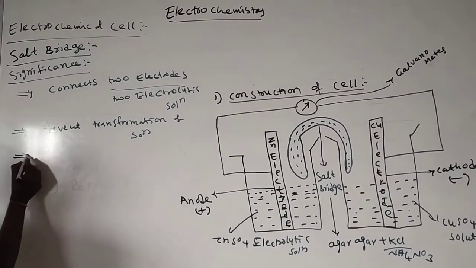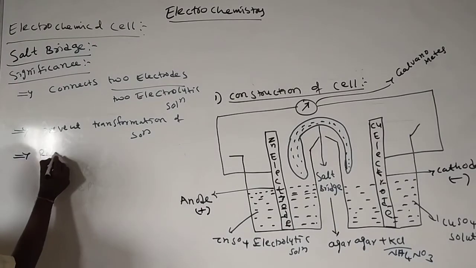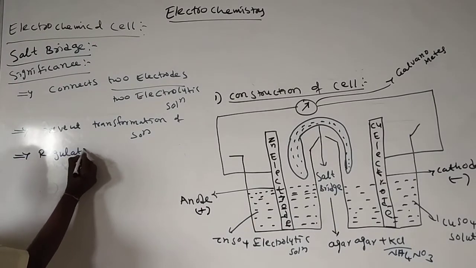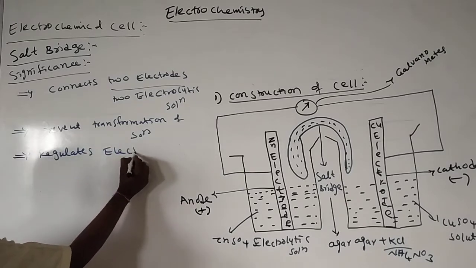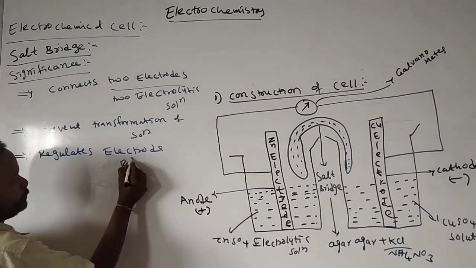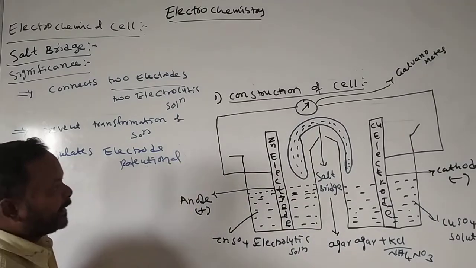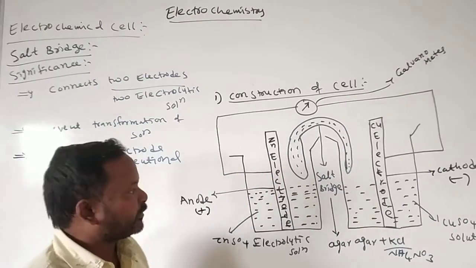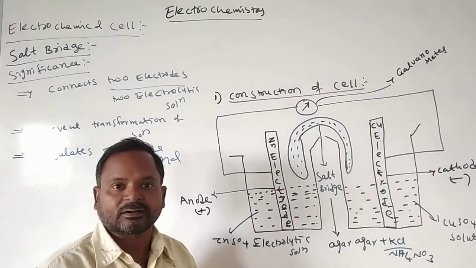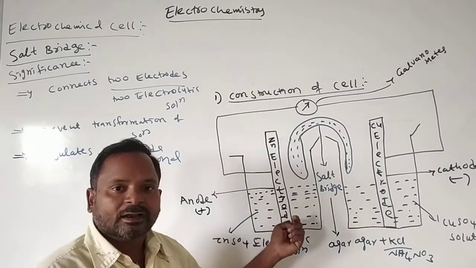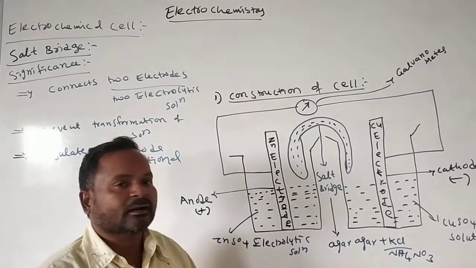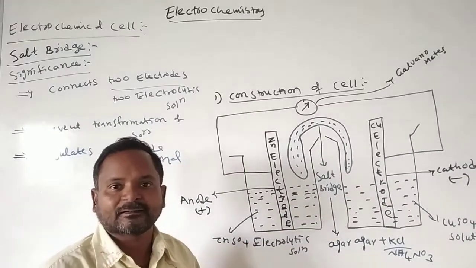And the third important one, it regulates electrode potential at the anode and cathode. For example, zinc releases 2 electrons. Those 2 electrons are absorbed by the copper Cu2+ ions.